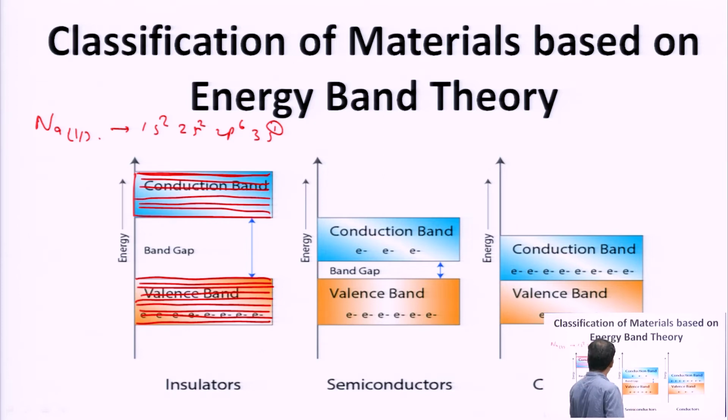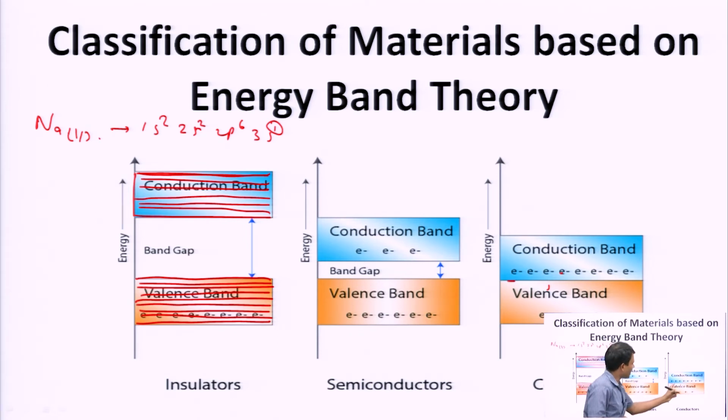Since I have drawn the energy band diagram of natrium, that is sodium, and this is a metal, the energy band diagram of natrium is this. In case of metals or conductors, the energy gap between the valence band and the conduction band is 0, because the valence electron of any metal or conductor need not be supplied any additional energy to jump into the conduction band.